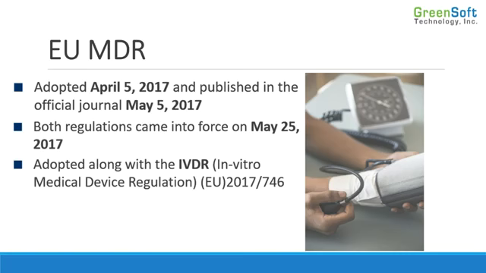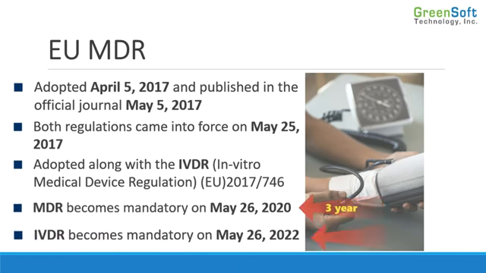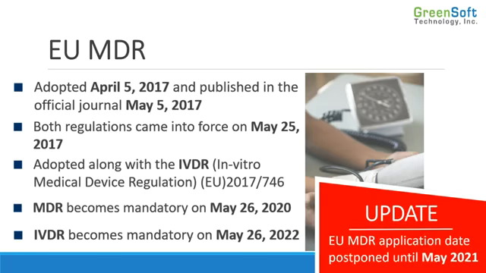And this is important because, as you can see down below, the MDR has a 3-year transition while the IVDR has a 5-year transition. On April 23, 2020, the European Council and Parliament adopted Regulation 2020-561, amending the European Medical Devices Regulation to postpone the application dates for most provisions by 1 year until May 2021. The IVDR application date remains the same.